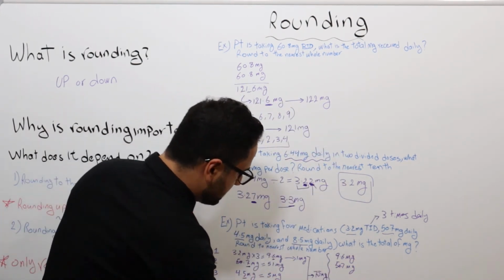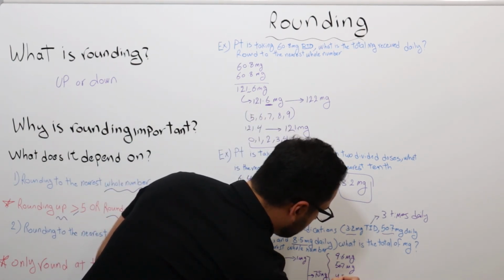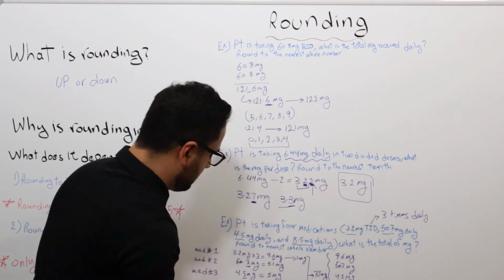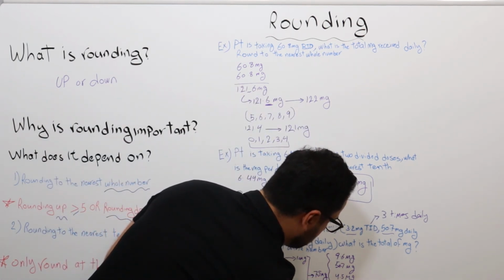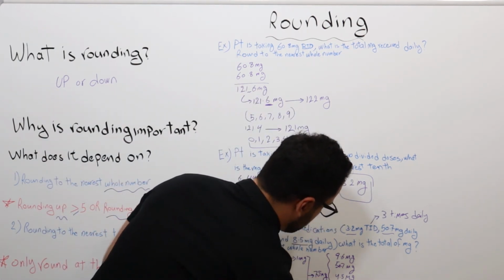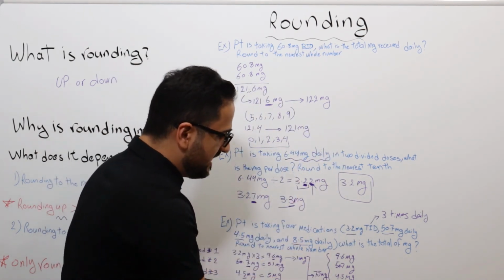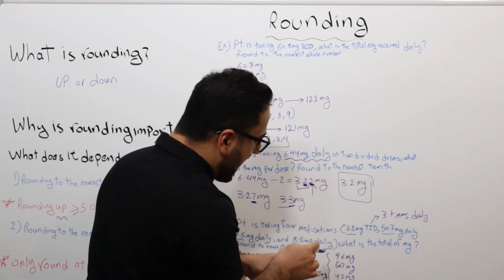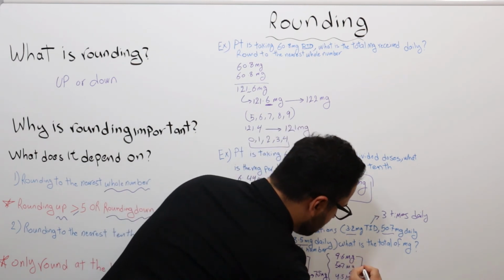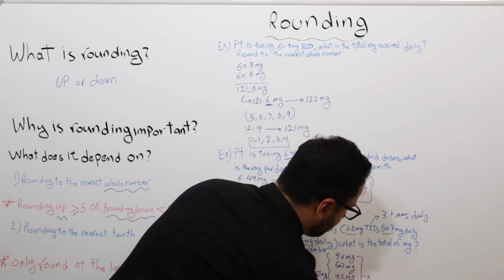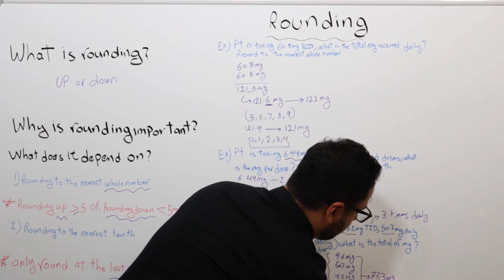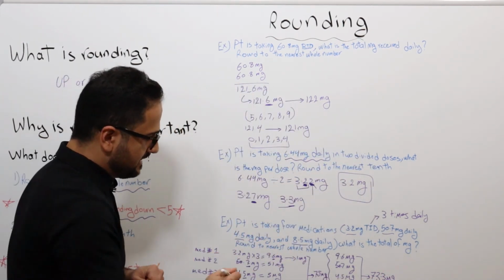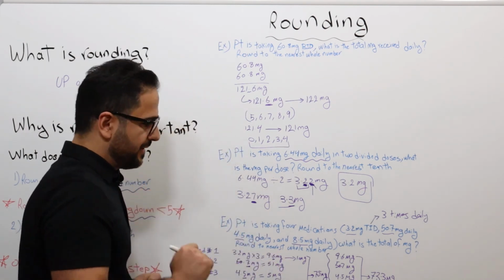Number 3 is 4.5 milligram, and the last one is 8.5 milligram. So now let's add these all together. If we add all this together, the answer is going to be 73.3 milligram. And the question is asking, round to the nearest whole number.